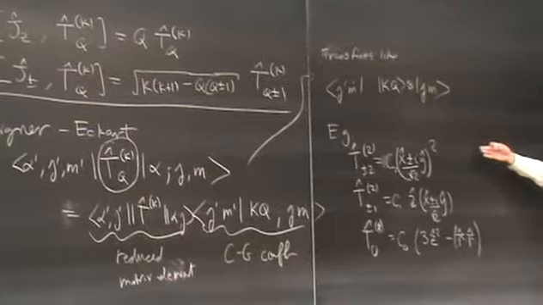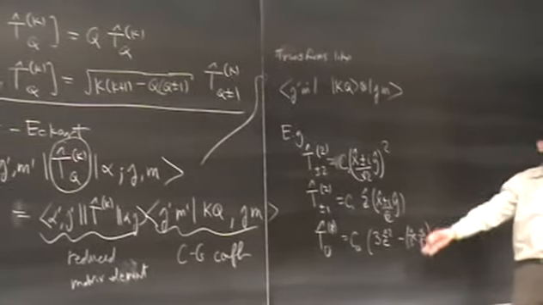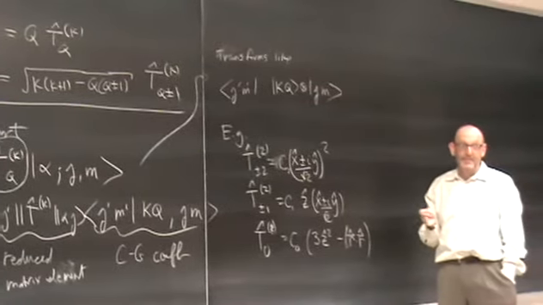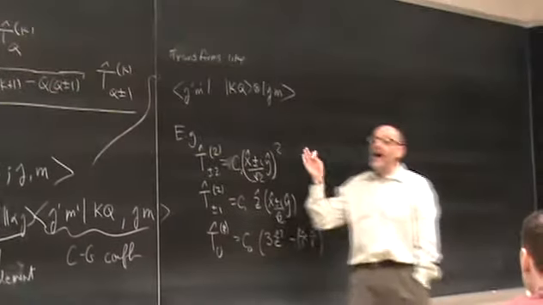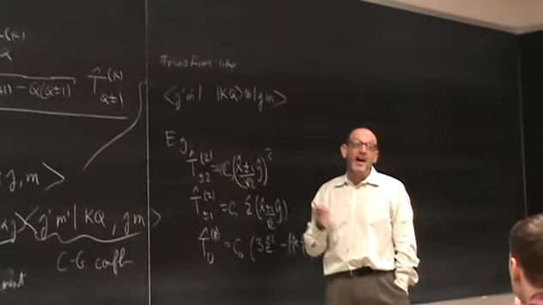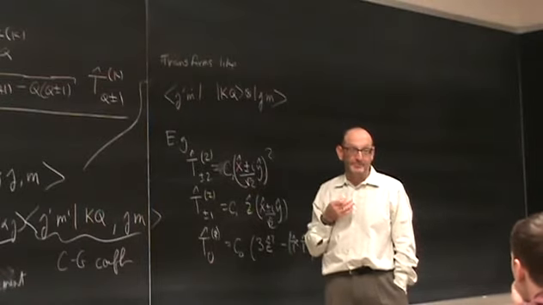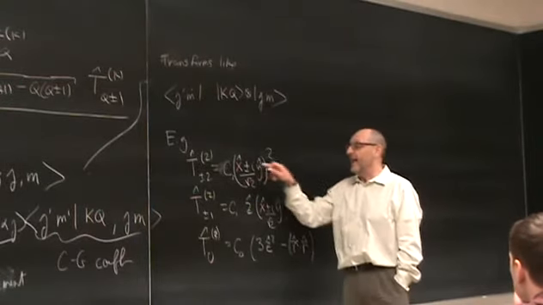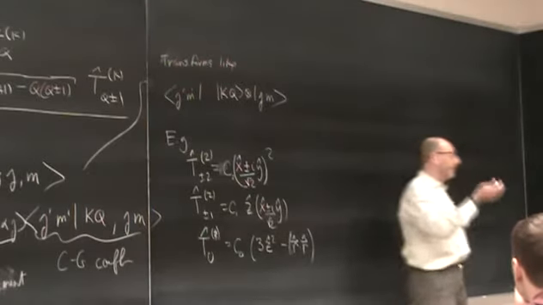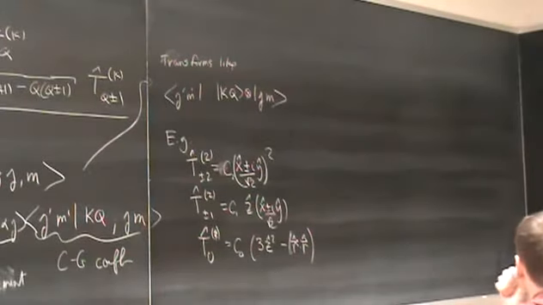These are five operators, okay? They are five components of a rank 2 irreducible tensor operator, okay? These are x hat, y hat, and z hat, the three components of the position operator.